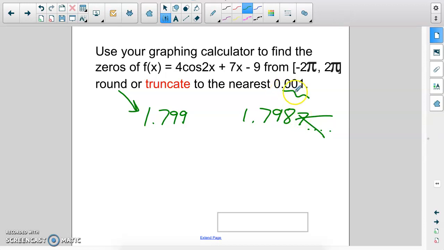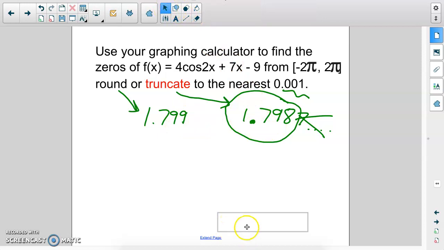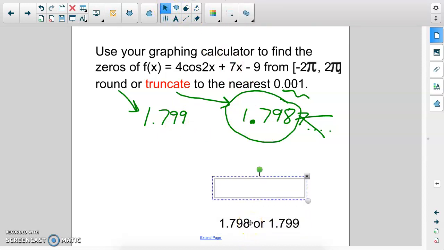Now, truncating doesn't always have to be the third decimal place, but truncating means you chop it off at whatever value you want to have it be accurate to. So both of these are correct on the AP test. Okay, I guess I just had the answer there.